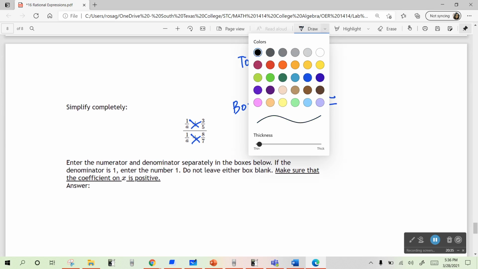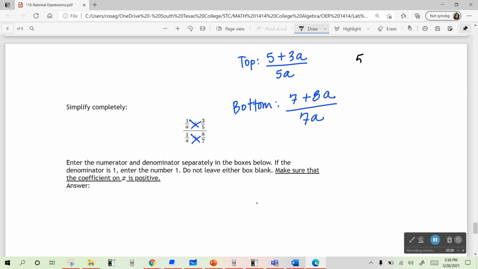Okay, and now I'm going to put it together and remember the top one stays as it is. And then you're going to put multiply, and the second one you flip it. And now we're going to see what we can cancel. The 7s or the 5s don't cancel because of the additions and subtractions combined with them.